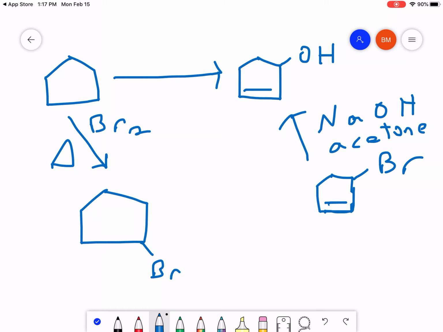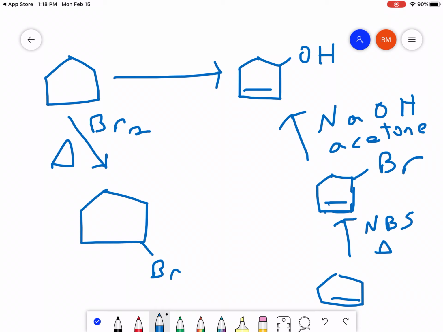Well, we've done that before. We know how to do an allylic bromination. We know that if we had NBS and heat, for example, reacting it with an alkene, we can absolutely target an allylic position and put a Br there.